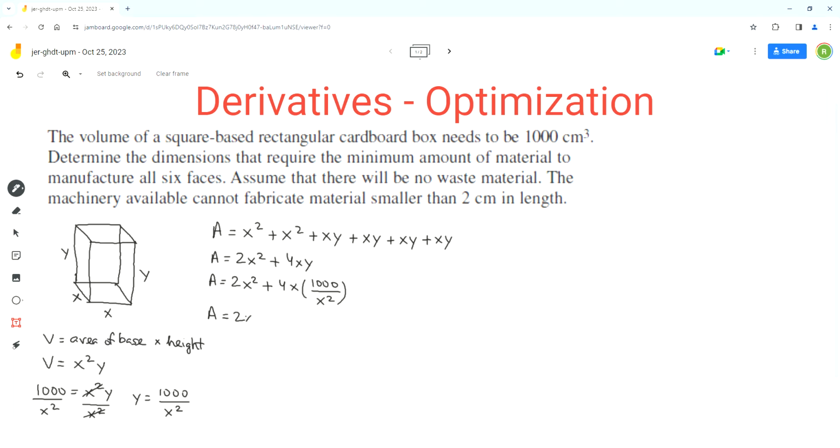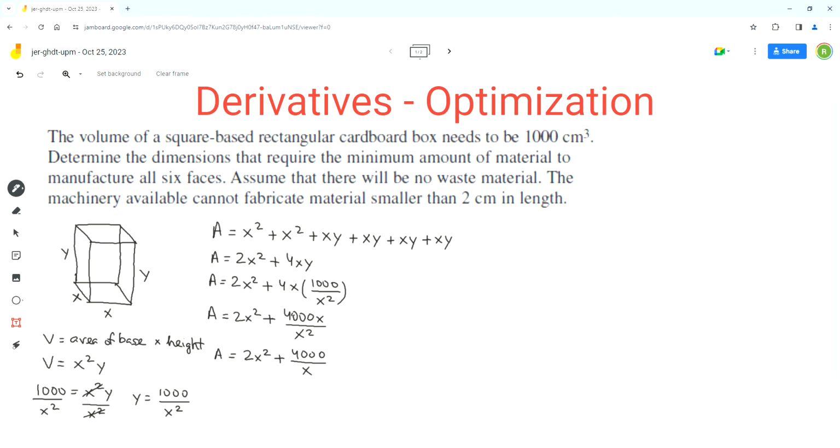So area equals 2x squared plus 4000x over x squared, because 4 times 1000 is equal to 4000. And now we can cancel out one of the x's in the fraction. So 2x squared plus 4000 over x. So this is the equation for the surface area of this box in terms of x.